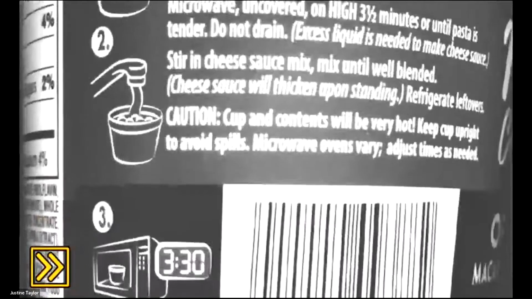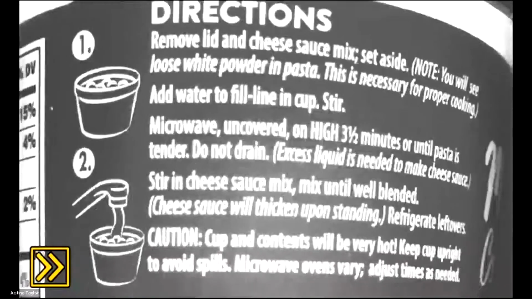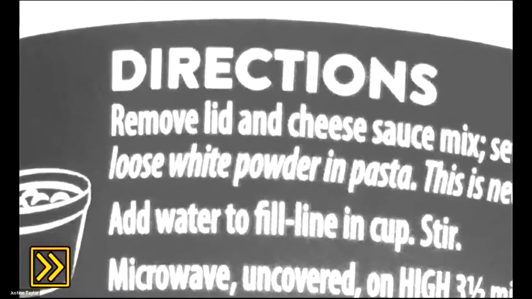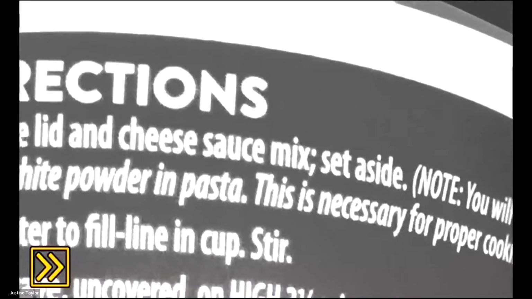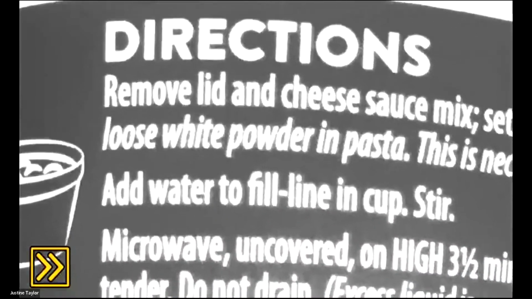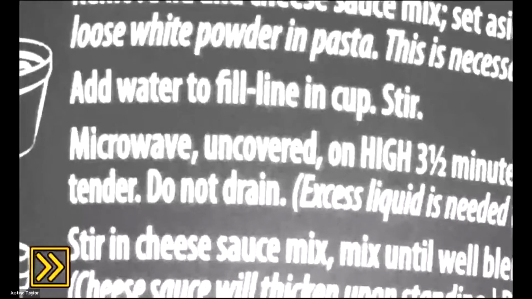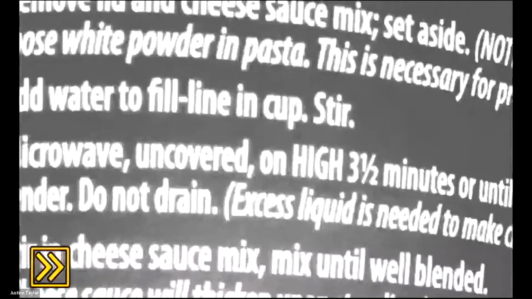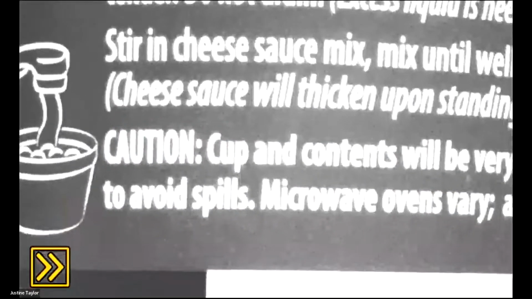So now I can see I've got a picture of the cooking instructions, and you can see that you can remove the lid and the cheese mix, and then you're going to add the water to the fill line and then microwave on high for 3.5 minutes, and then stir in your cheese mix there.